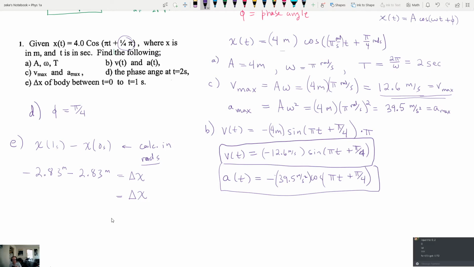Is your calculator in radians or degrees? Did I make a mistake? Let's see. No. You guys all agree, okay. It's negative 5.66. That's what I got too. Yeah, 5.66.